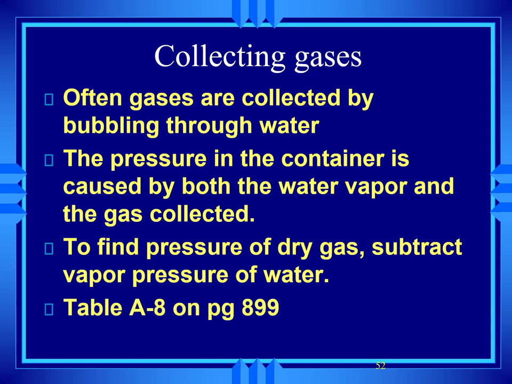Luckily for us, there's a table. You don't have to memorize it. There's a table on page 899, on page A8. Table A8. Okay. I'll show it to you here in just a second so you see what we're talking about, since I have the book online.